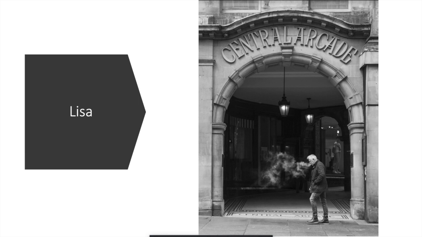The white of the smoke works well against the darker background created inside the central arcade there, so that works really well. I don't think there's a lot I would probably improve on that one, to be honest. I think the guy's perfectly positioned as well, and everything seems to be quite central. I do think it works well as a black and white.